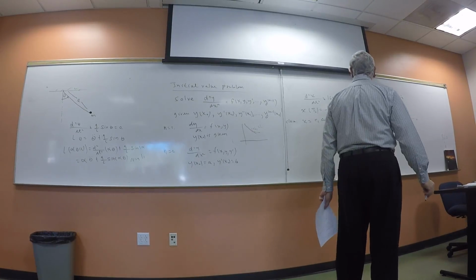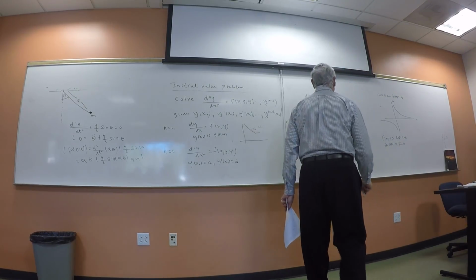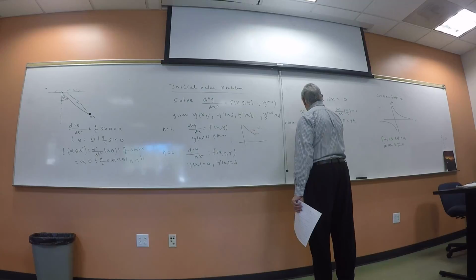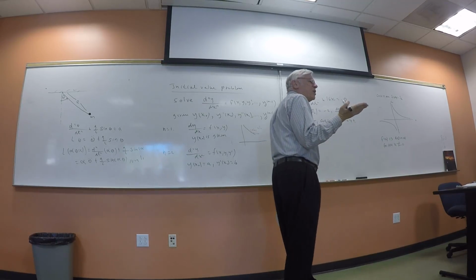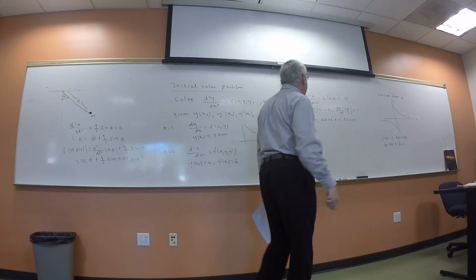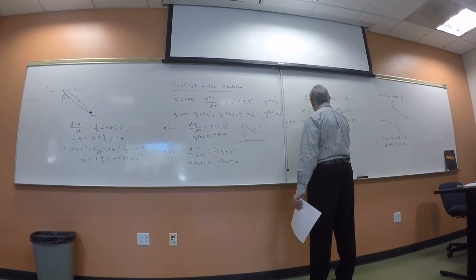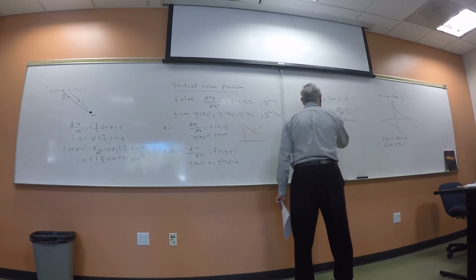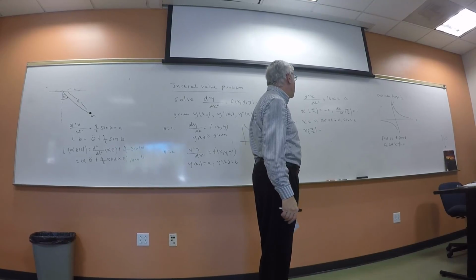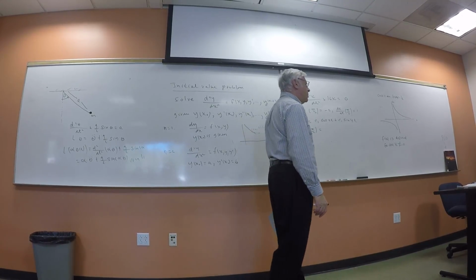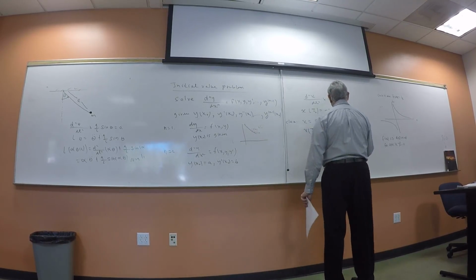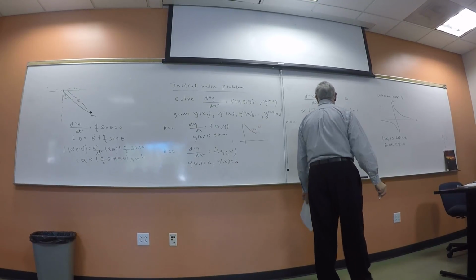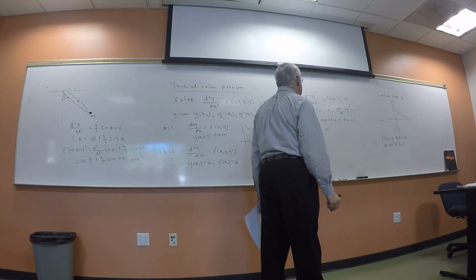Now let's just plug in the initial data to get the values of C1 and C2. This is the same type of thing we did before, except now there are two constants. We're told the value of x at pi over 2. If I evaluate at pi over 2, I get C1 times the cosine of 2 pi, which is 1, and of course the sine of 2 pi is equal to 0.